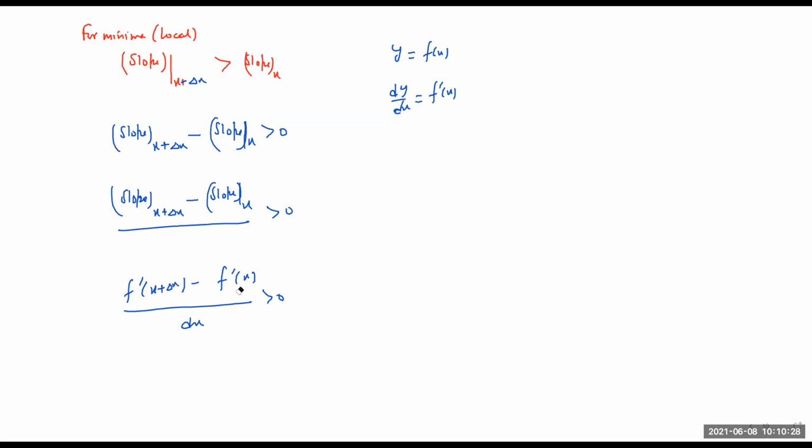I have taken 2 points, one is x and one is x plus delta x, the way we did before. Now I will take a limit. Limit delta x tends to 0 f dash x plus delta x minus f dash x upon delta x is positive.